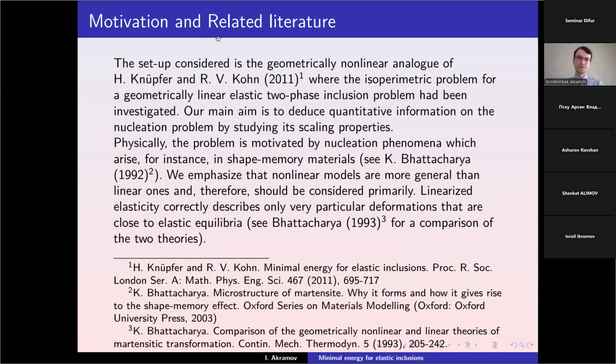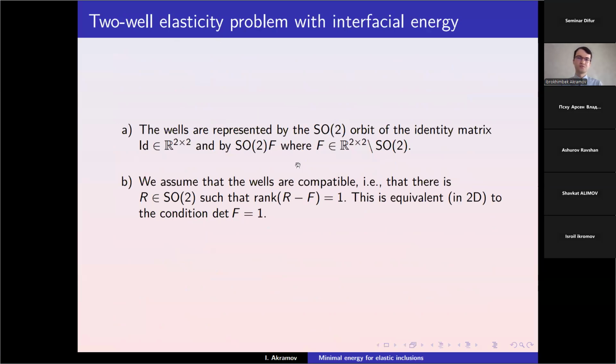Okay, then let's move on to our problem, the two-well elasticity problem with interfacial energy. The wells are represented by the SO2 orbit of the identity matrix and by SO2 F, where F is a matrix excluding SO2.